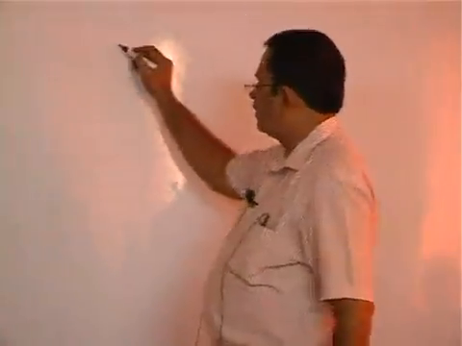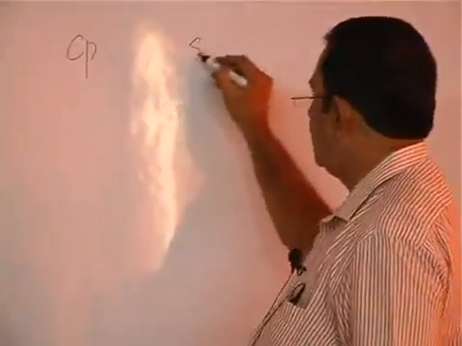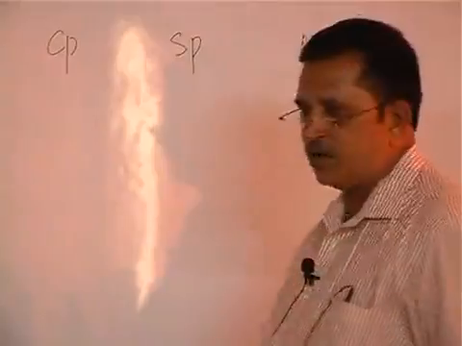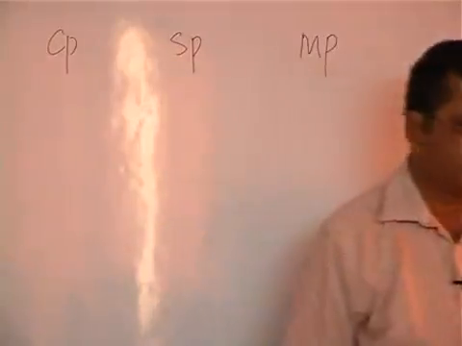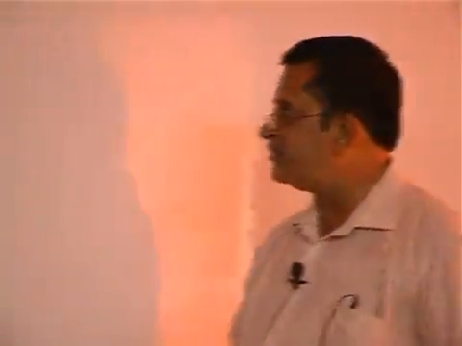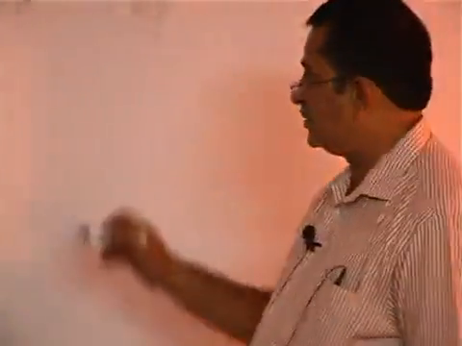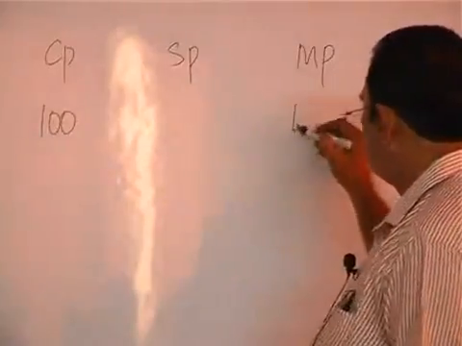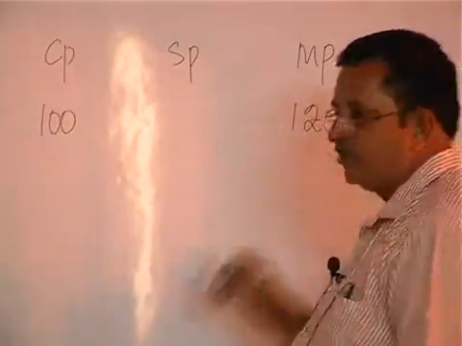Cost price, selling price and market price. What he has given here, the market price of an article is 20% above the cost price, means cost price is 100, means market price is 120.